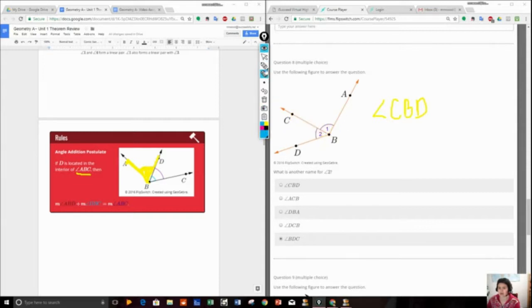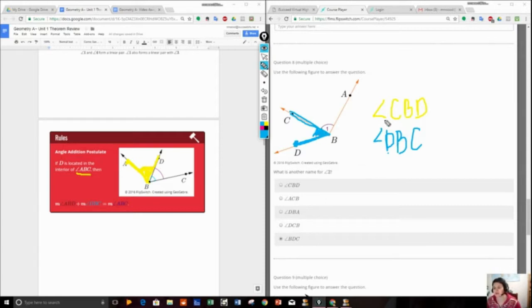We could start on the ray BD, and we could start at point D, and we travel to point B. So angle D to point B to point C. And that's why I like the names of the angles that include the points, because it's directions. I start at the beginning and I'm going to follow straight in order. So from point D to point B to point C. And that is my angle.